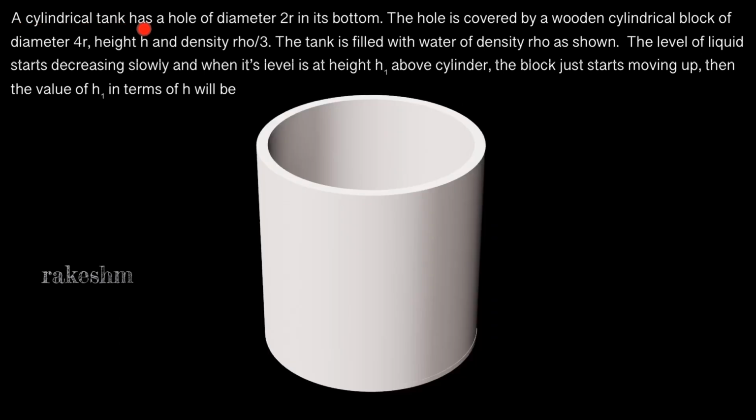A cylindrical tank has a hole of diameter 2r in its bottom. So you can see that there is a cylindrical tank here, and let me just cut it open so that you can see that there is a hole of diameter 2r in its bottom.